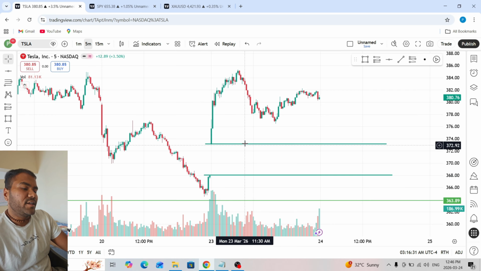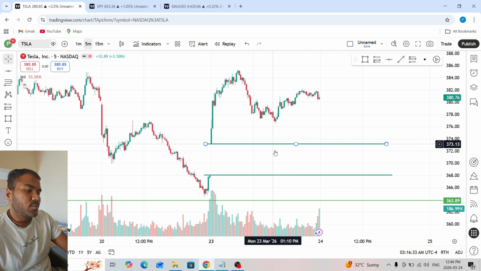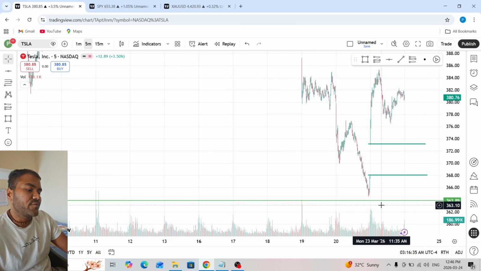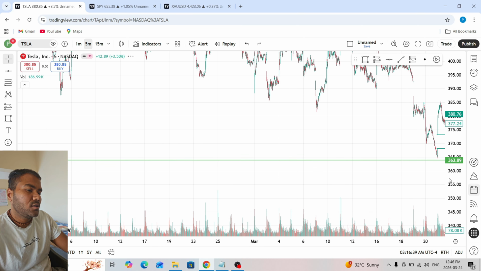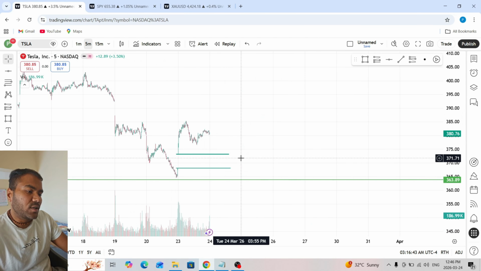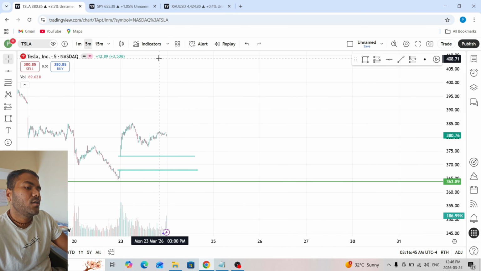So for 5 minutes, we get these two support lines. For the 15 minutes time frame, we get this support line. So for the different time frames, now we have our support lines on the chart.